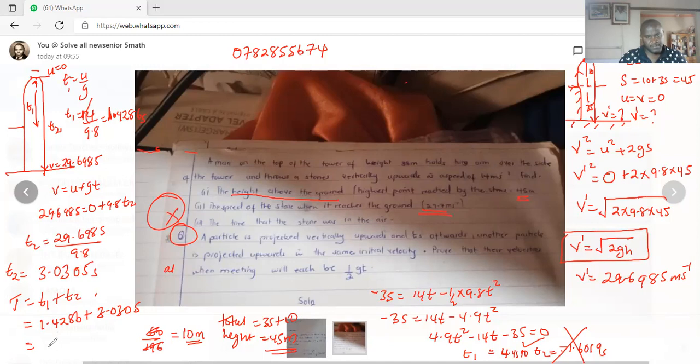What do you get? 4.4590. It's the same answer. Is it okay now? But the other one is shorter, eh? For the negative height, below the ground, below the level of projection. So this one is longer in a way that you compute 2 times, then you add them. Time of reaching maximum height, then time from maximum height to the ground.